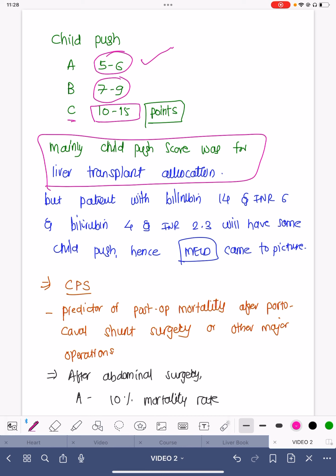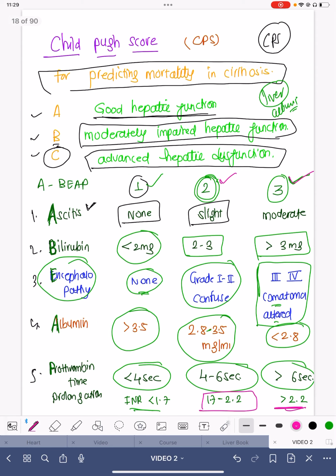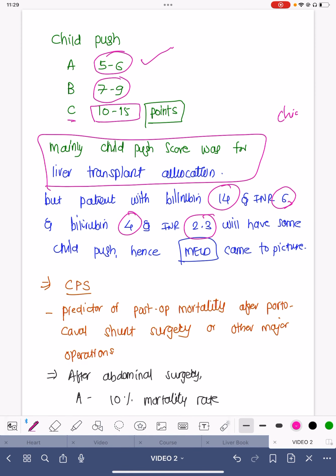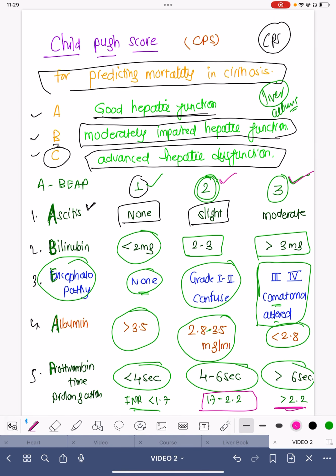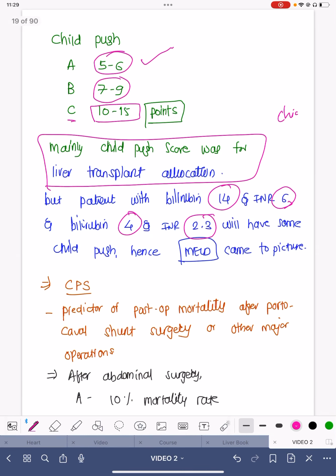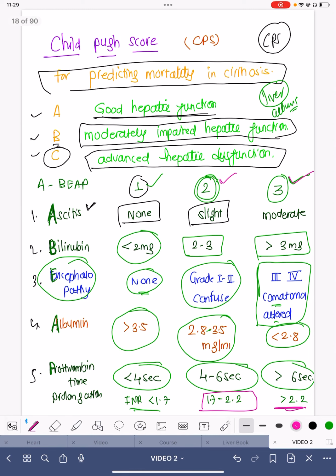But what the problem had happened, that the patient with bilirubin 14 and INR 6 and any other patient of bilirubin 4 and INR 2.3 would actually have the same Child-Pugh score as per this data, because both the patients have bilirubin of more than 3 milligram, and both the patients have INR of more than 2.2.